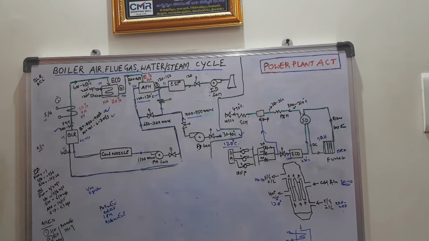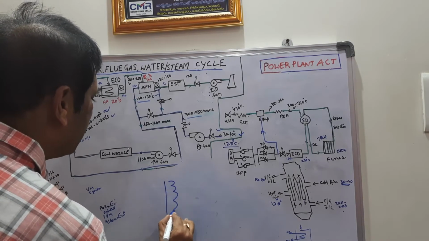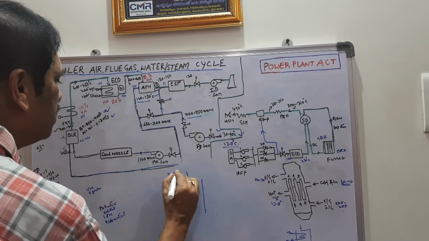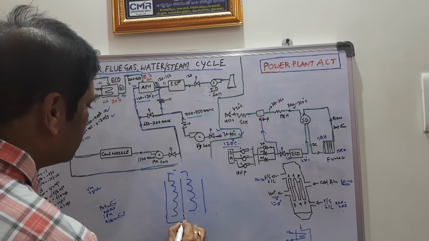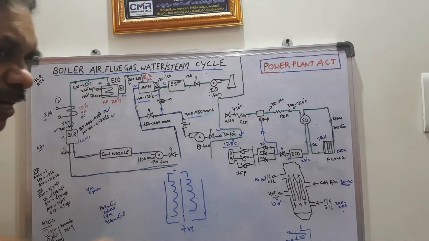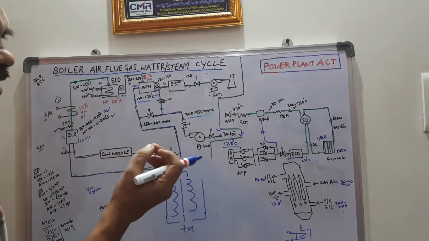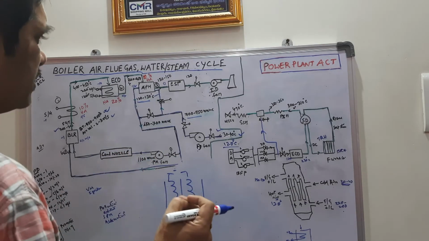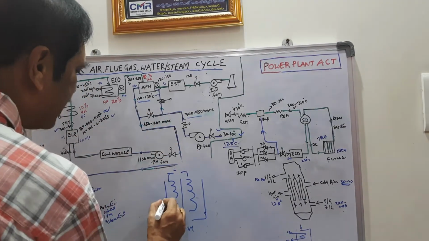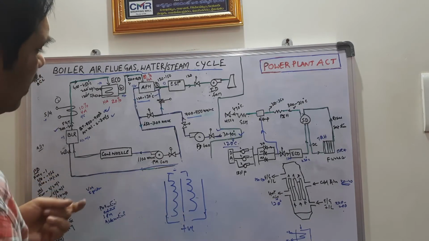The principle applied in the ESP is that a series of collecting and emitting electrodes are provided alternately. The emitting electrodes are negatively charged, and the collecting plates are positively charged. When the emitting electrodes are negatively charged, the ash particles in the flue gas are ionized and become negatively charged, and these negatively charged particles are attracted by the collecting plates, and these particles are dislodged periodically.